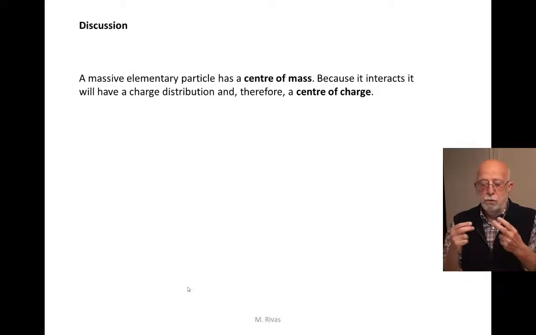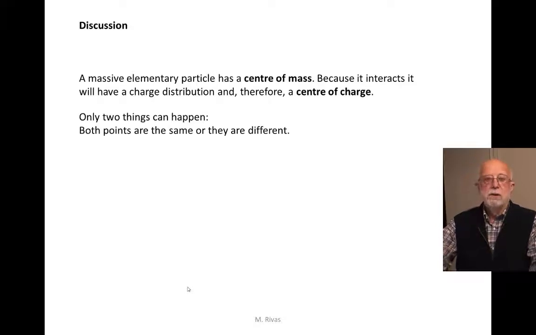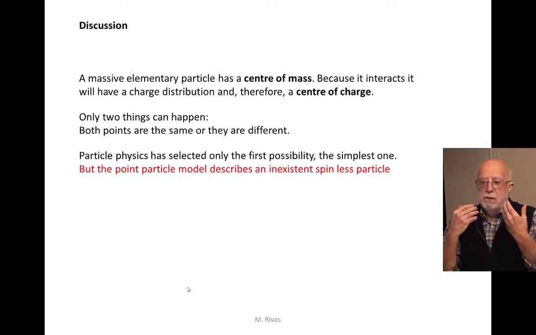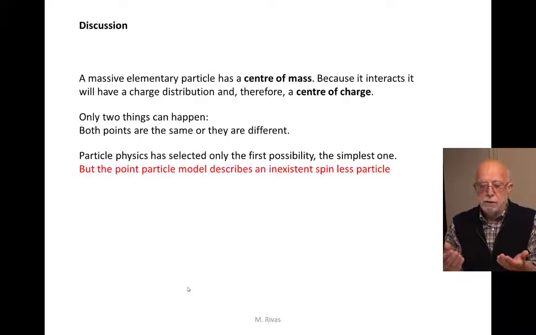So, in general, we have two different centers, one associated to a mechanical property, the mass, and another associated to an interacting property, the charge. Only two things can happen: that both points are the same or that they are different. Unfortunately, particle physics has selected the first option, the simplest one, the point particle.